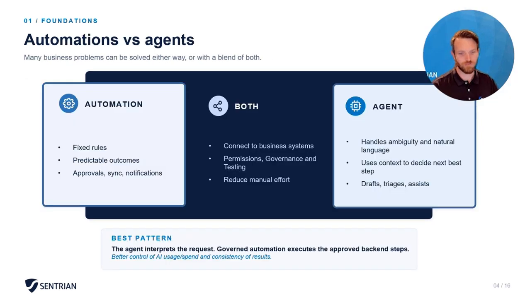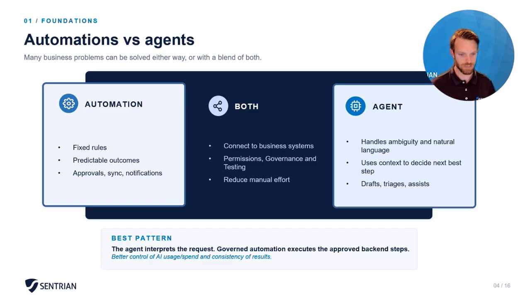But in terms of agents and automations, this is something I actually did want to touch on because it's quite commonly what we still see, a lot of people coming up with agentic ideas that may be more suited to automations instead. So when you're looking at agents versus automations, the big key is whether or not the users need to interact with it.